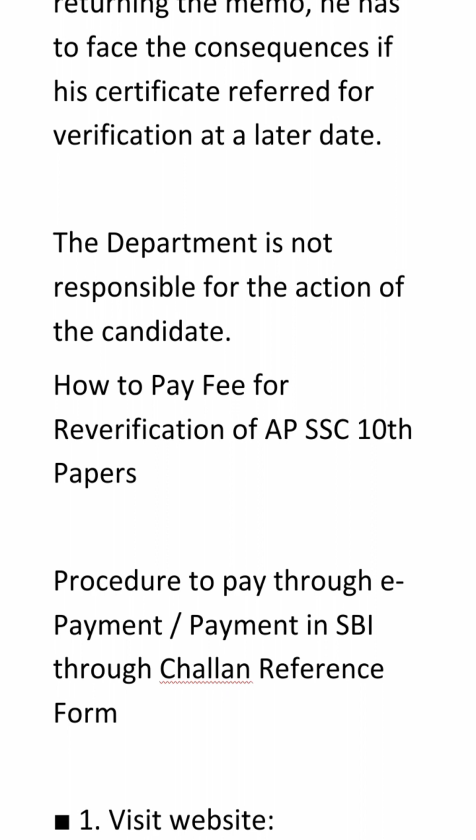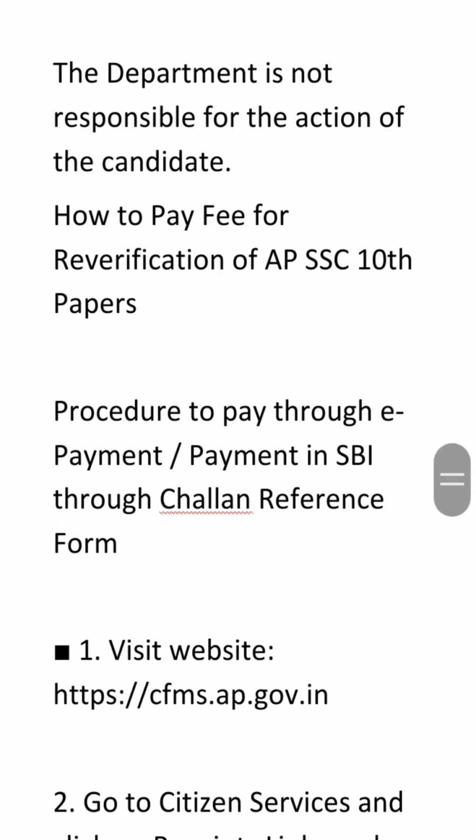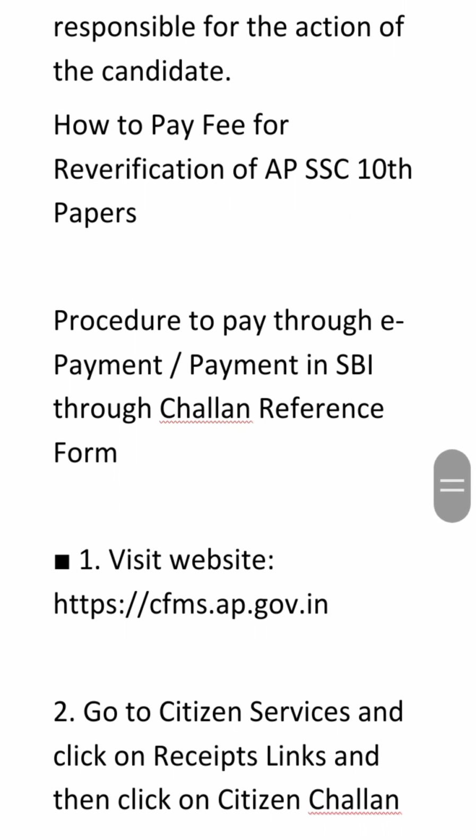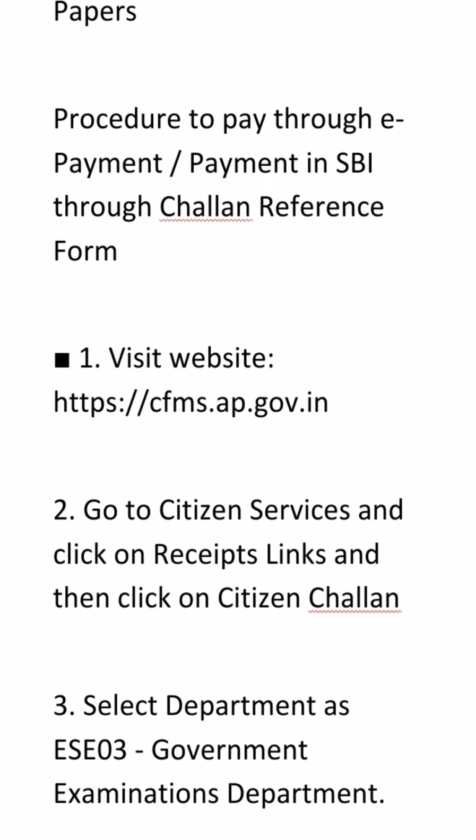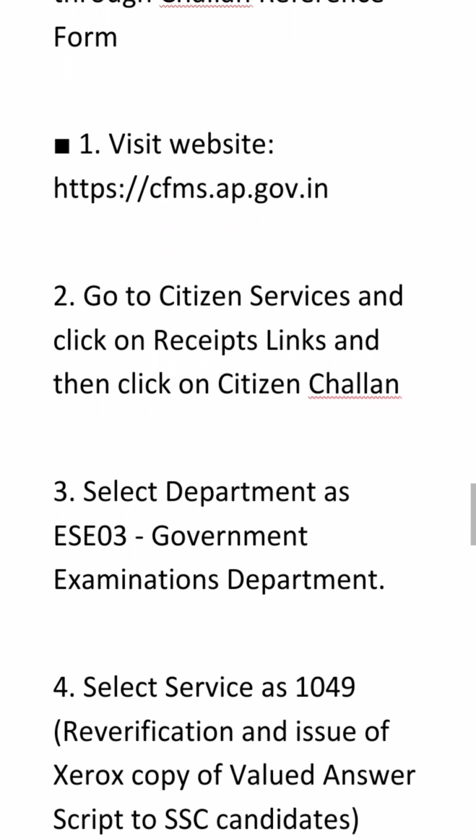How to pay fee for re-verification of AP SSC 10th papers. Procedure to pay through e-payment or payment in SBI through Chalana reference form. First, visit the website stps.cfms.ap.gov.in. Second, go to Citizen Services, click on Accept links and then click on Citizen Challan.